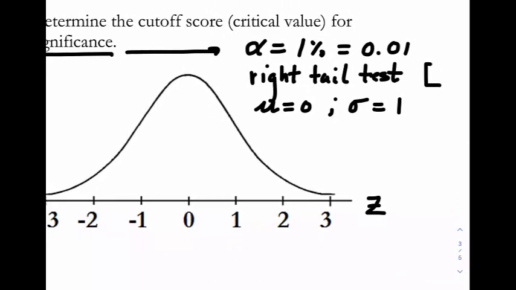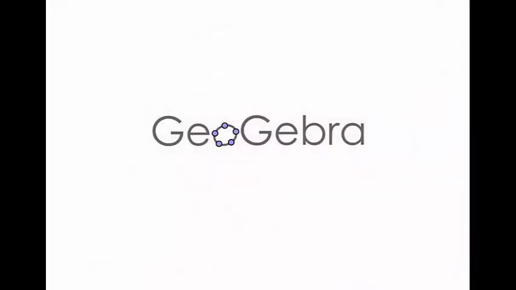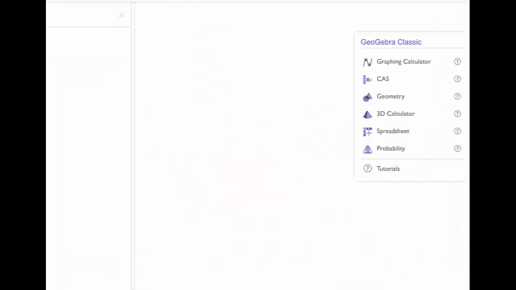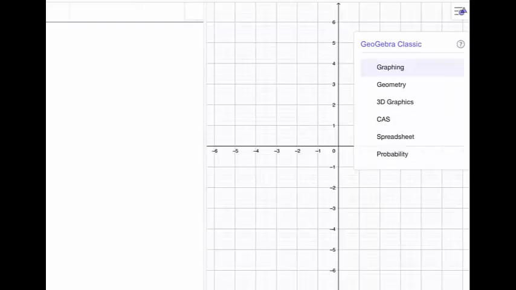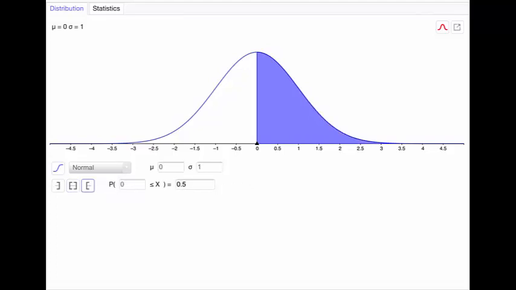Okay, so let's go ahead and open up GeoGebra. Okay, there's a normal calculator.